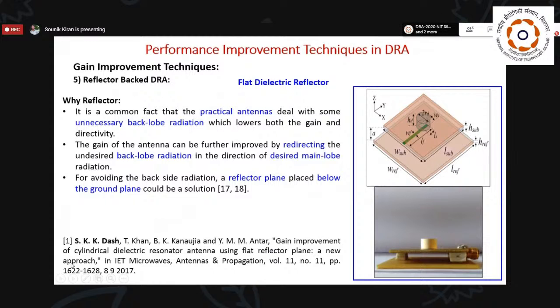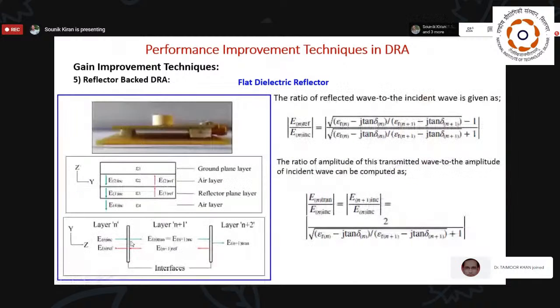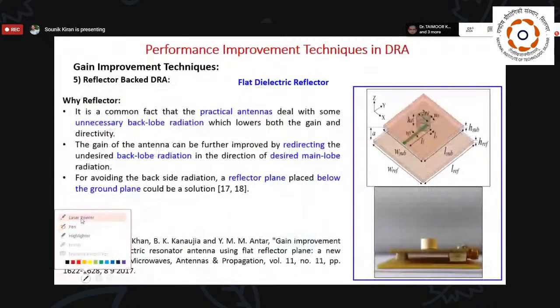It is very simple. Let me switch on the arrow. We can see on the right hand side, this figure is a very standard DRA, a slot coupled, or aperture coupled, cylindrical dielectric resonator antenna.